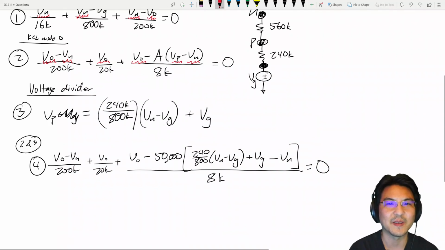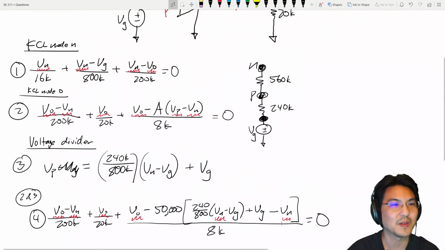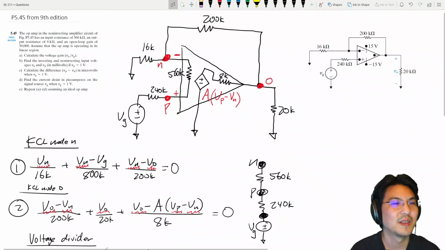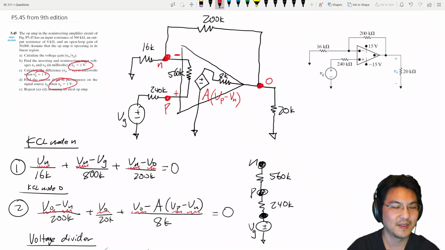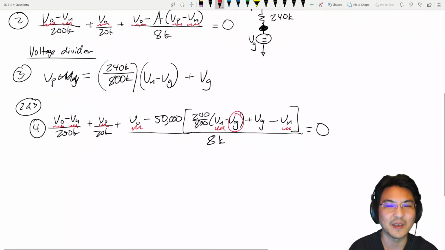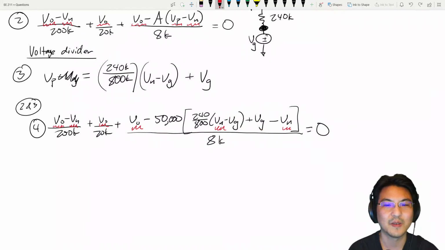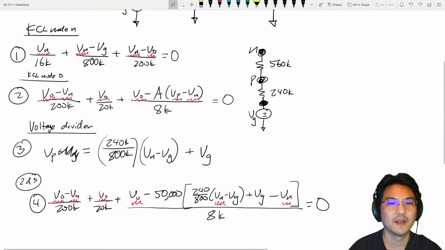So now let's take a look at our unknowns. For this particular problem, we're saying that Vg is 1 volt. So this is actually known. So recap, right?